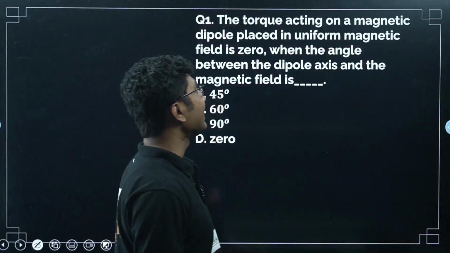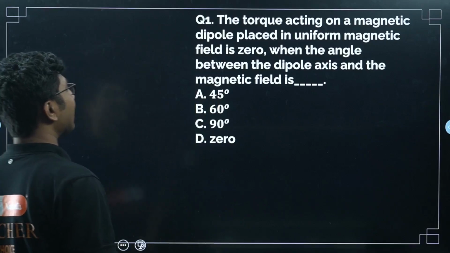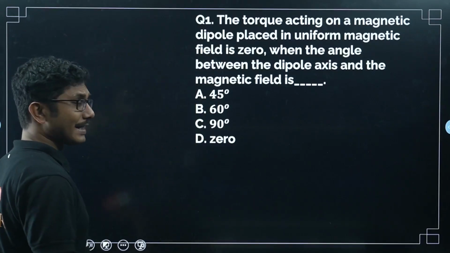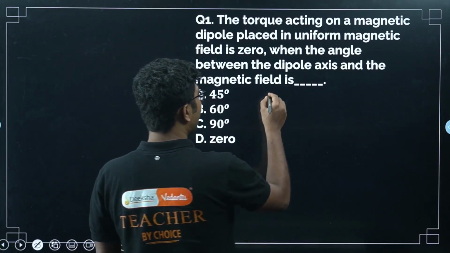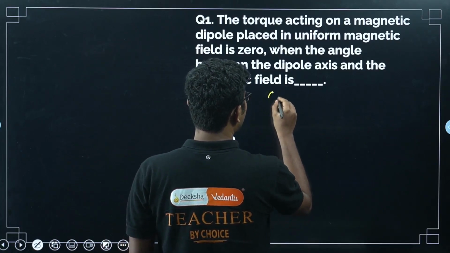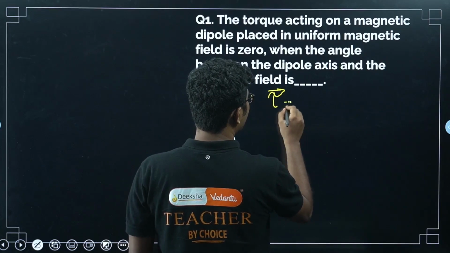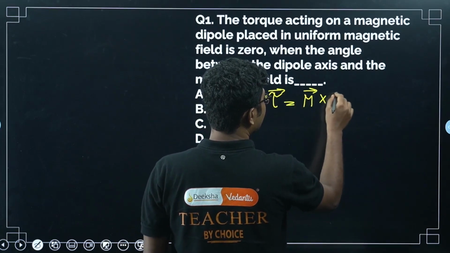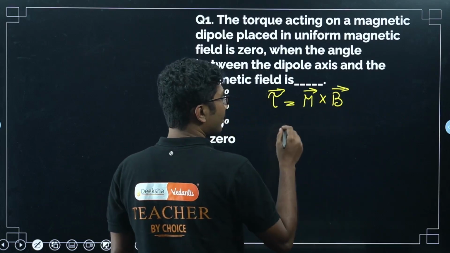The torque acting on a magnetic dipole placed in a uniform magnetic field is 0 when the angle between the dipole axis and the magnetic field is. So we know that the torque acting on a magnetic dipole is given by the magnetic dipole moment cross the magnetic field.